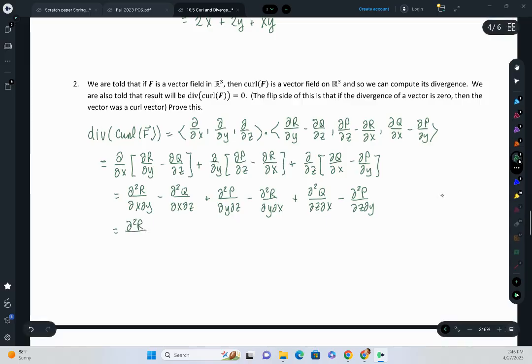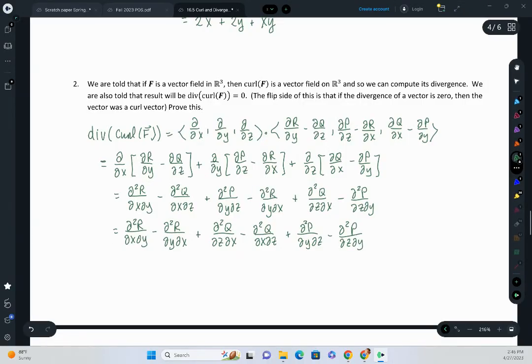Del squared r del x del y minus del squared r del y del x plus del squared q del z del x minus del squared q del x del z plus del squared p del y del z minus del squared p del z del y.